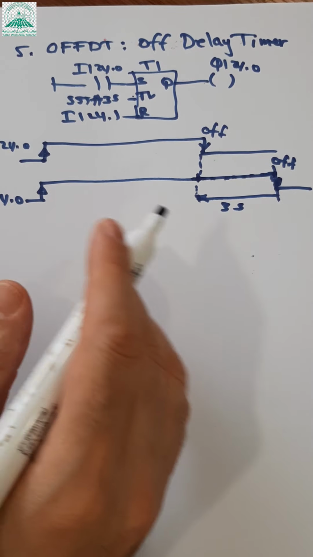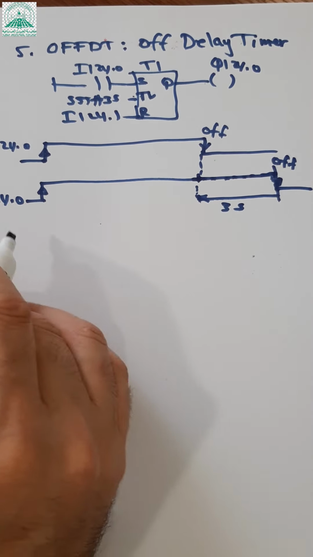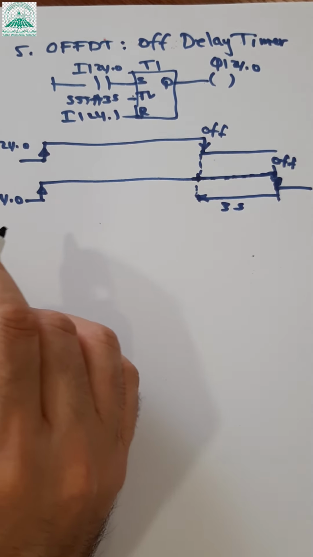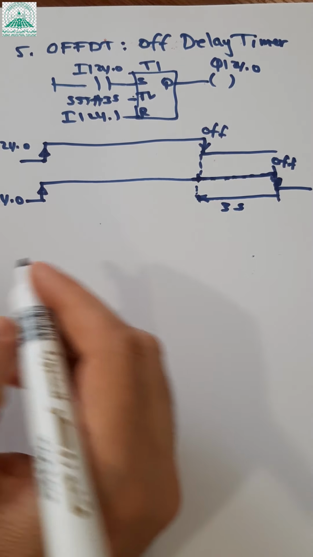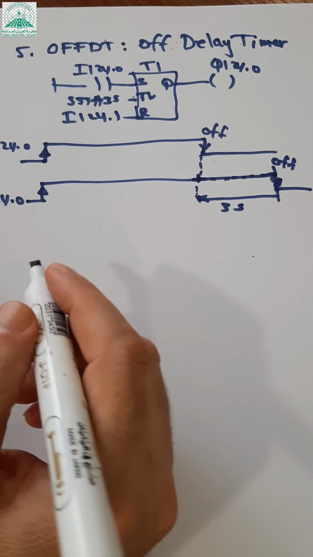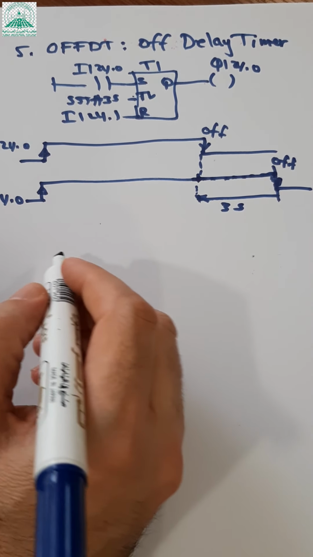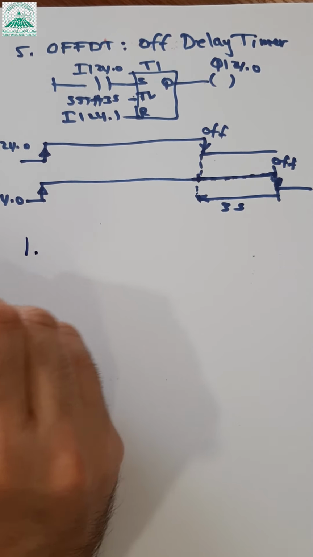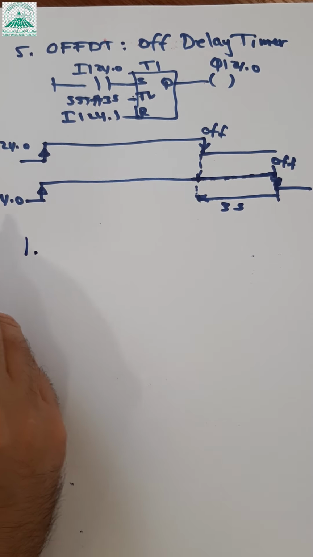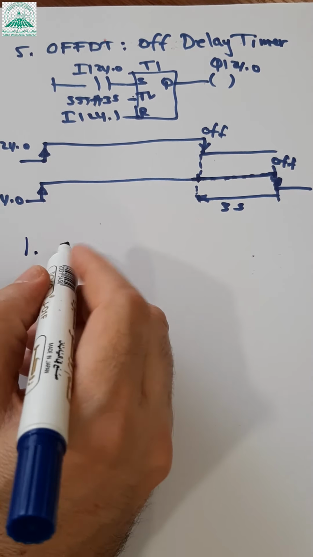Okay, so for today we have covered the 3 types of timers. My assignment to you regarding this experiment, the first one, is to make a flashing.